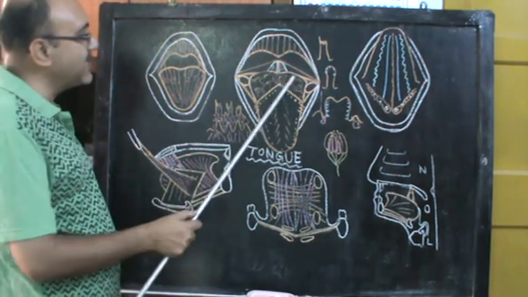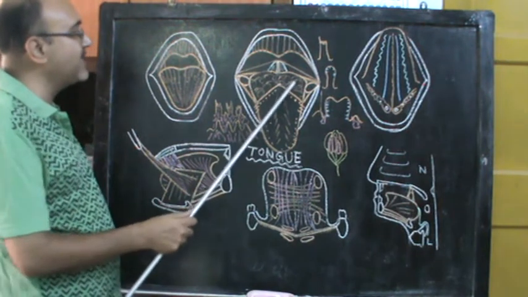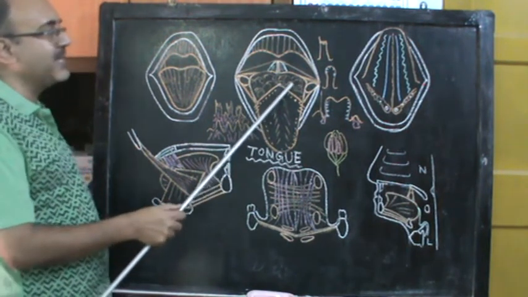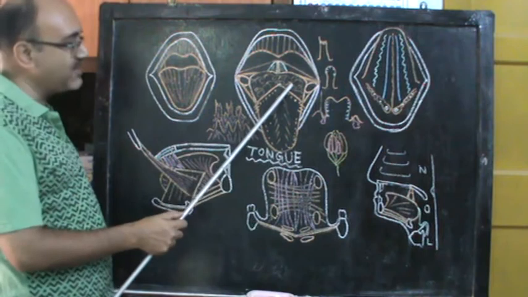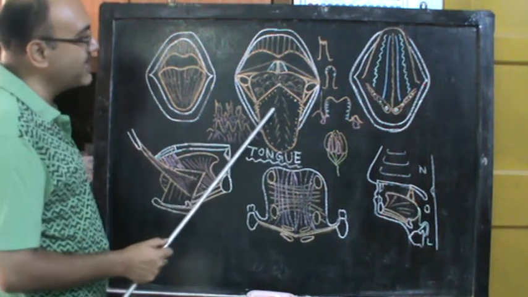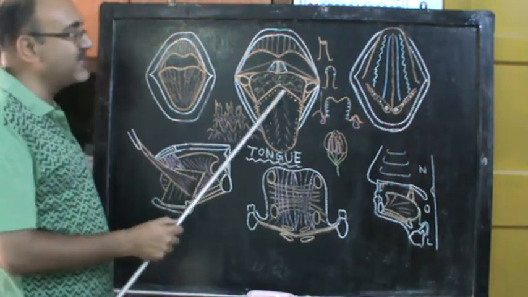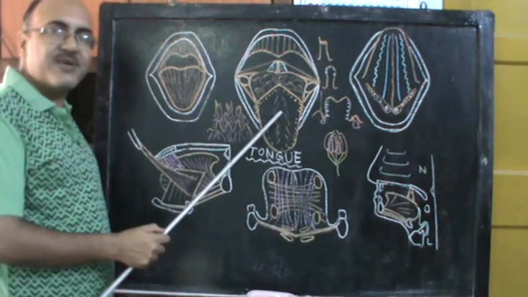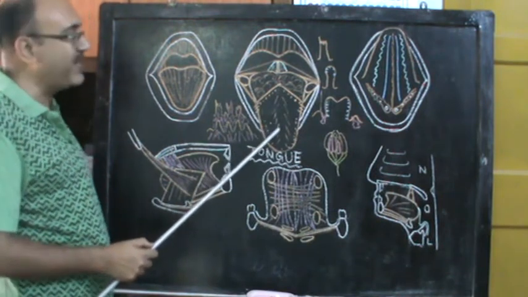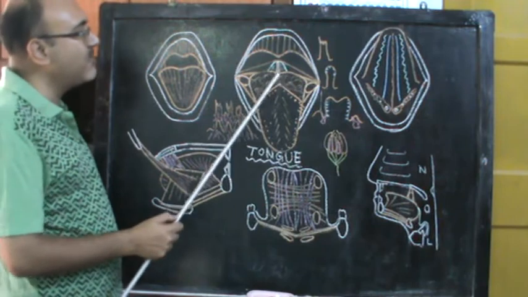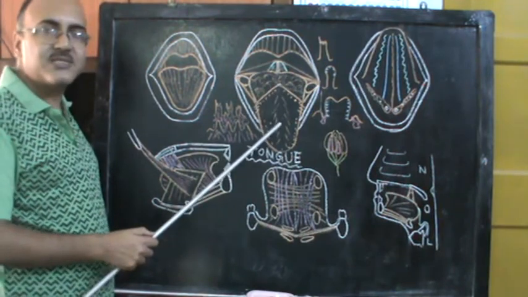And you can see there is a difference in texture and a difference in nature between the anterior 2/3 and the posterior 1/3 of the tongue. On the anterior 2/3, this surface is roughened by the presence of multiple papillae, and the posterior 1/3 of the tongue is rather smooth.